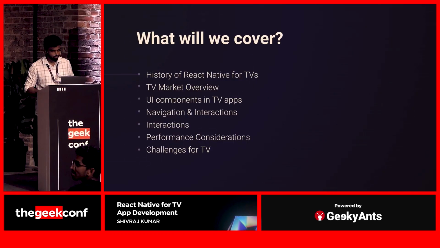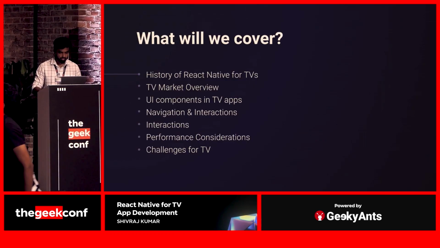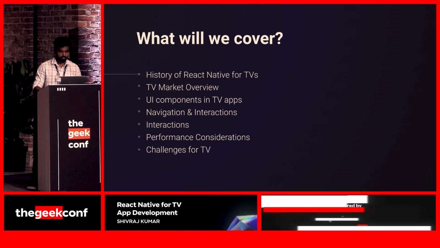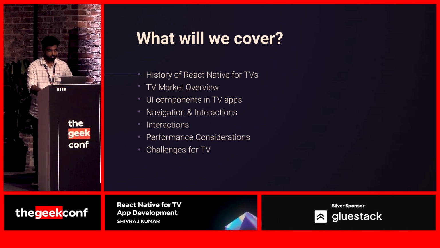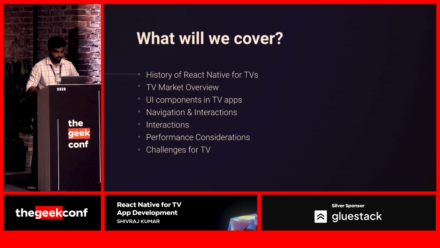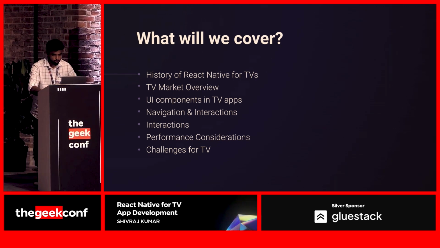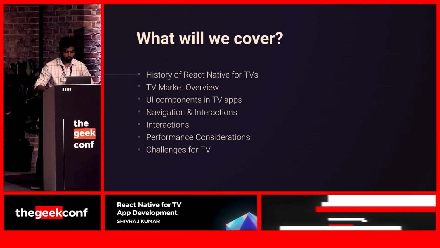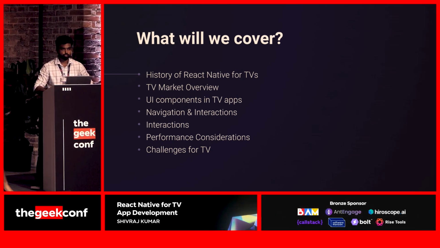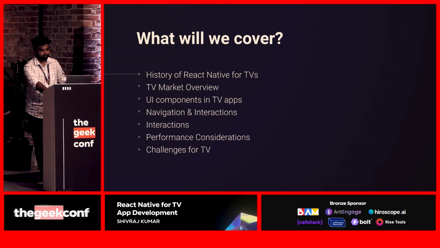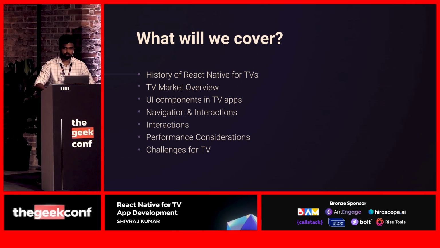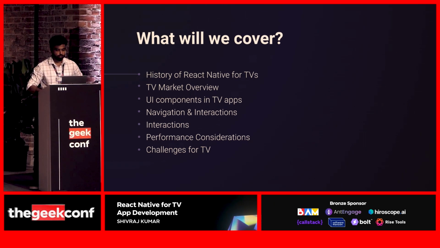Before we begin, let's quickly have a look at what we'll be covering today. We'll discuss a brief history of React Native for TV. We'll have a look at the current TV market. We'll also look at why React Native could be a good choice for TV apps. Then we'll discuss some key differences between TV app development and mobile and web.